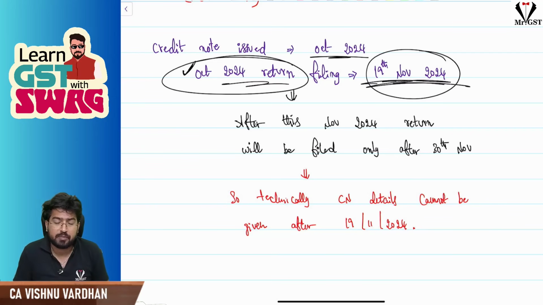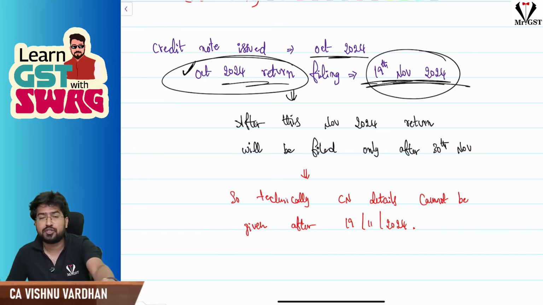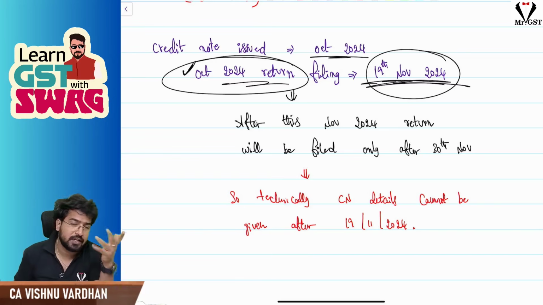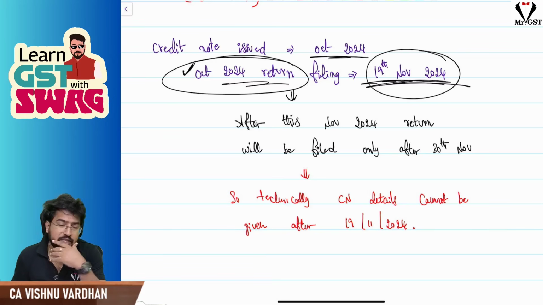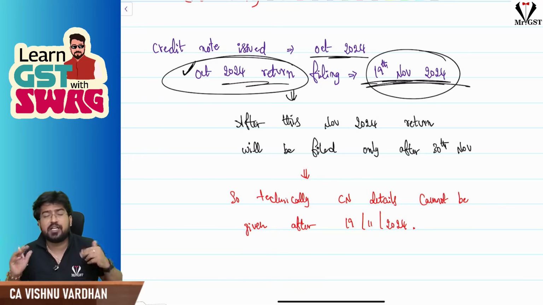If you have not given the credit note details in the October month return by 19th November, you will not get an opportunity to file this credit note before 30th November in any other return. Are you understanding the point? Because if you miss this opportunity, you should file the credit note details only in the November month return 2024, which you will file only in December. By that time, the time limit itself is over.